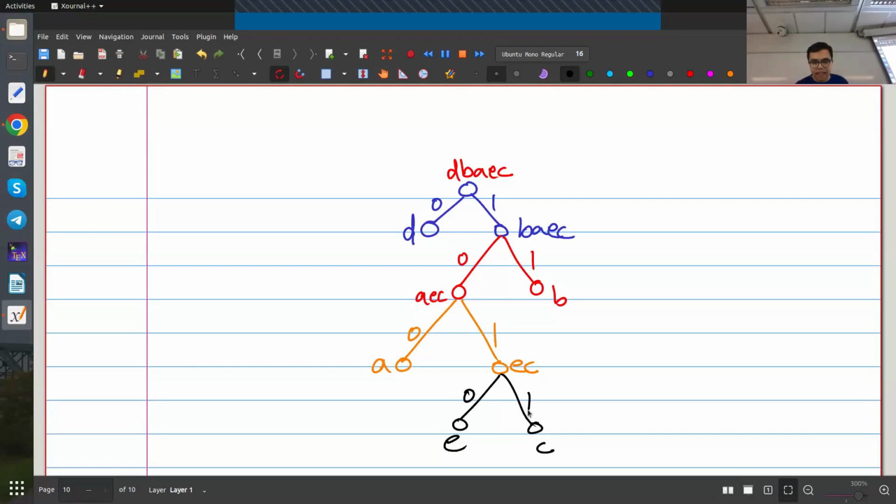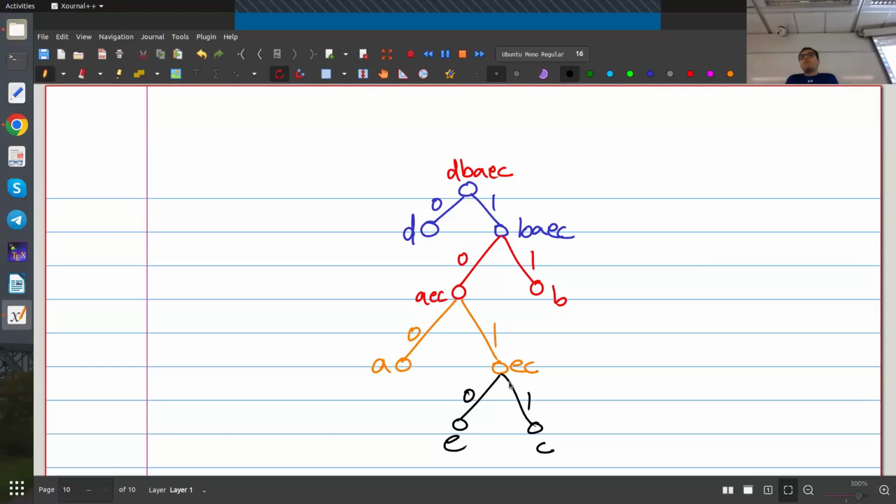So put them in the last possible level. And this is exactly what's happening here. E and C were the least common letters, and I'm putting them at the bottommost level here. So I'm giving them the longest possible code. And then I'm continuing like this.